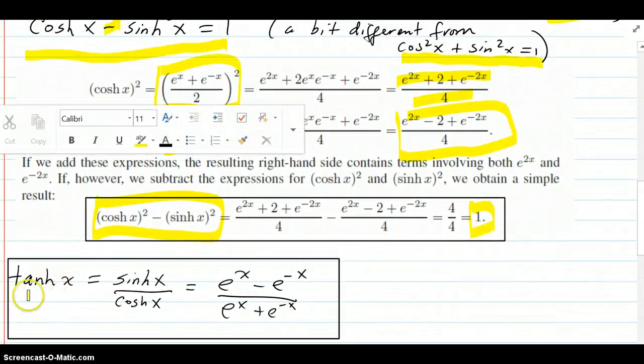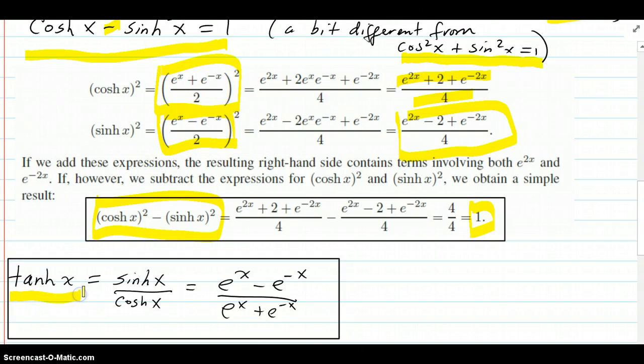Tangent, hyperbolic tangent, tanh x is equal to sinh over cosh, analogous to what it would be in regular trig. And when you cancel out the 2's, you get this expression here.